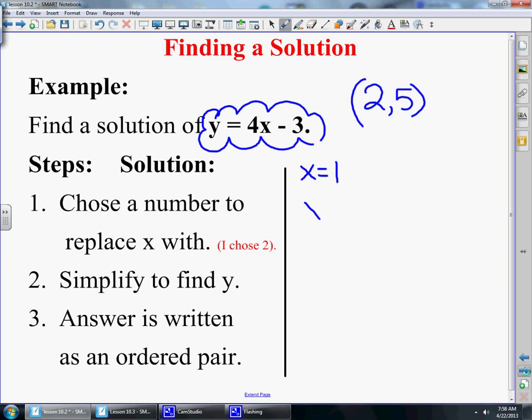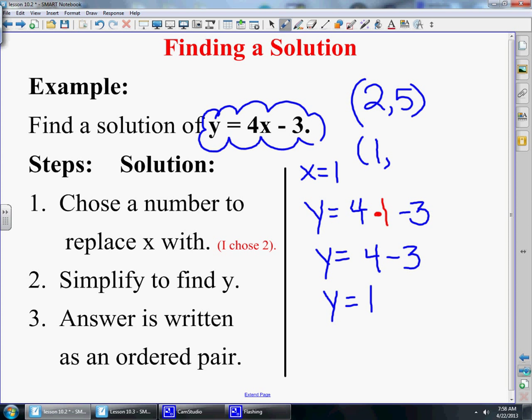So we plug 1 into the equation, y equals 4 times 1 minus 3. So y is equal to 4 times 1, which is 4, and 4 minus 3 is 1. So y is equal to 1. So another ordered pair, when x is 1, y is 1. That's another solution to this equation.